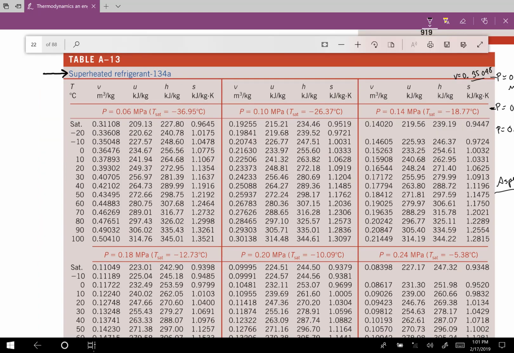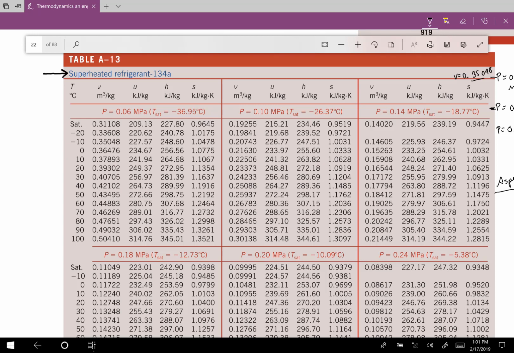isn't on this table. Another way that we can do this, and this is probably the best way if you want to get the information off these tables, is we can interpolate. So to do this, we're basically making an assumption that the relationship between these variables is linear.